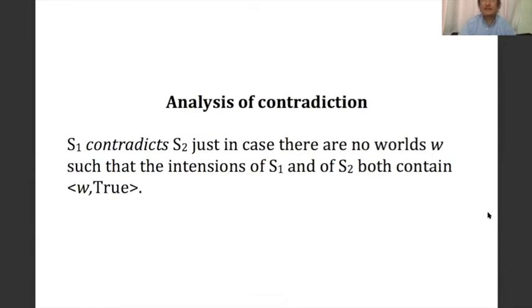We can do the same thing with contradiction. We can give an analysis more in terms of the formal idea of meaning that we looked at in chapter 1. S1 contradicts S2 just in case there are no worlds W such that the intensions of S1 and S2 both contain the pair W, true.